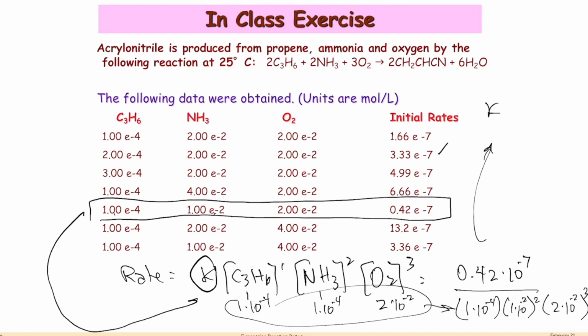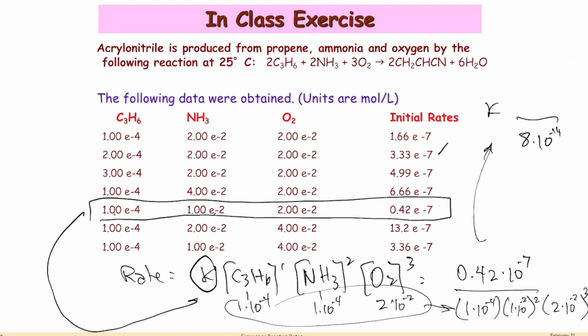You guys should double check my math because I've been known to mispunch. 1 times 10 to the minus 2, squared. Okay, let me see, where's my square button? There it is. And then 2 times 10 to the minus 2, and then I'm going to cube that, multiply that. So the bottom here is 8 times 10 to the minus 14.